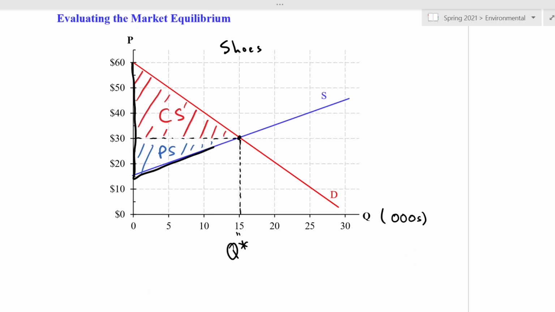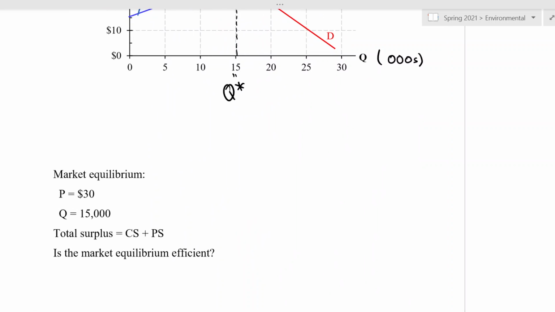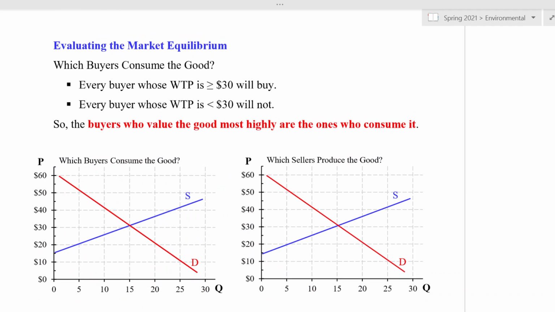Total surplus is this entire big triangle here. Okay, and is this equilibrium efficient? The answer is yes. And let's show why that's the case. And we're going to do that in the next slide.